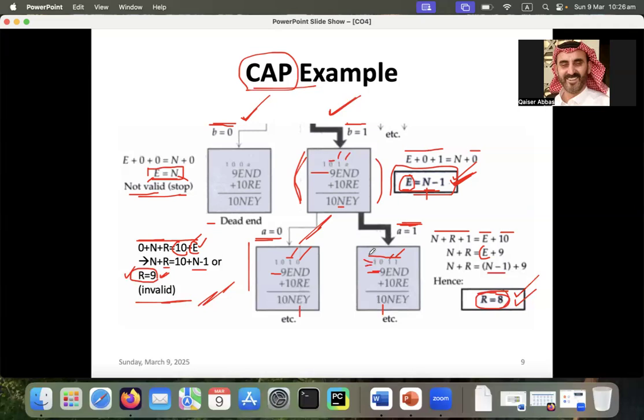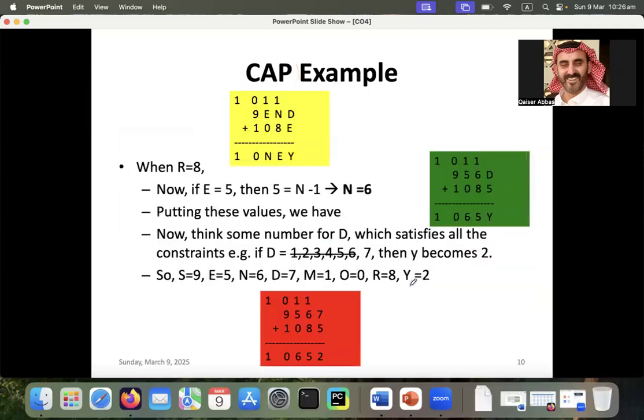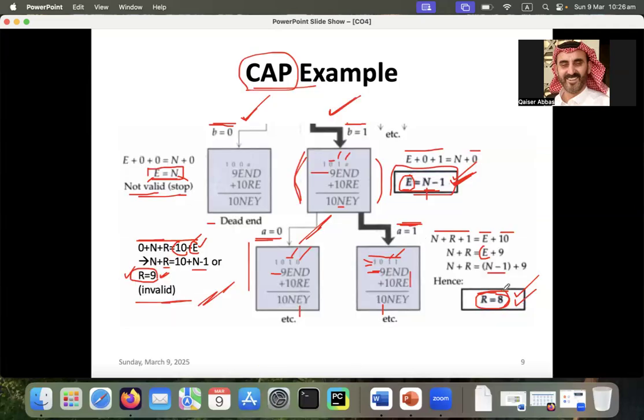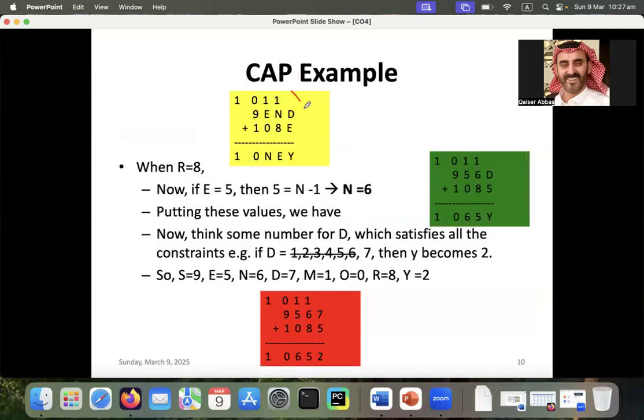So now what I will do, I cannot draw this tree further, because I don't have any carries left. I can only think something about that. But now first, put these values here. Put these values here. M, R, S, O. Put these values here in this picture, and then we will have this picture now.